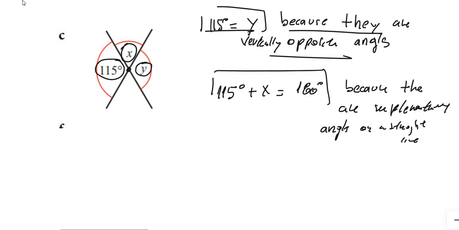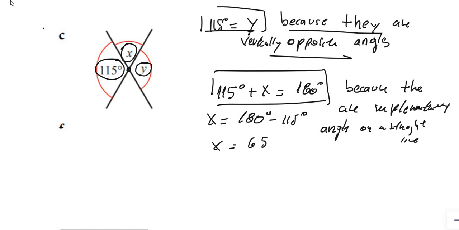So I can make this relation. Now I have to rearrange to make x the subject, right? So x equals 180 degrees minus 115 degrees. X equals, I think, 65 degrees.